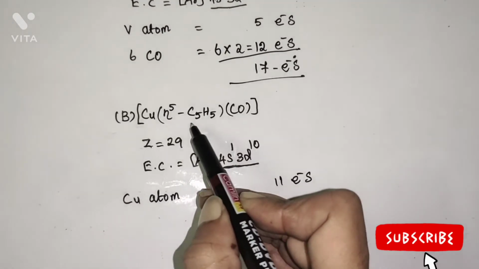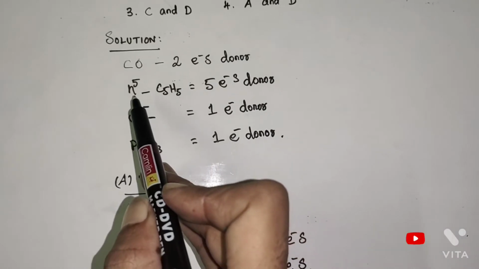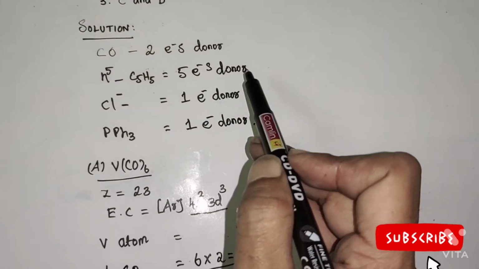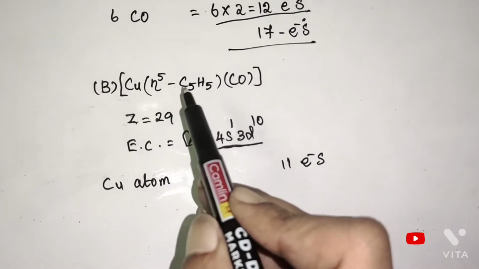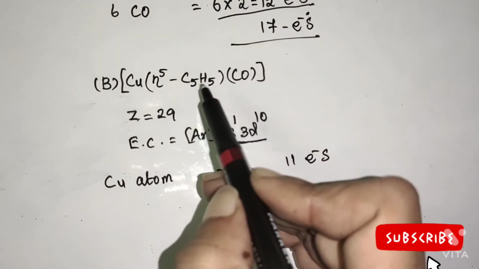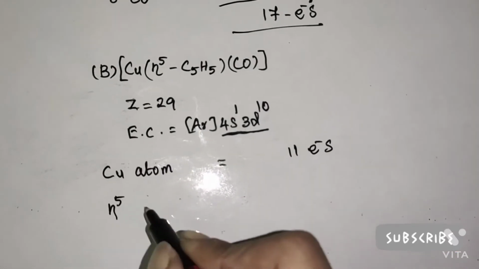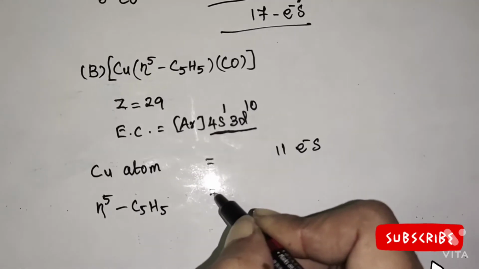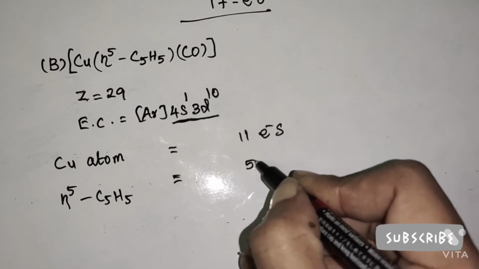Pentahapto cyclopentadienyl is a 5 electron donor, and one such group is present, so 5 electrons.